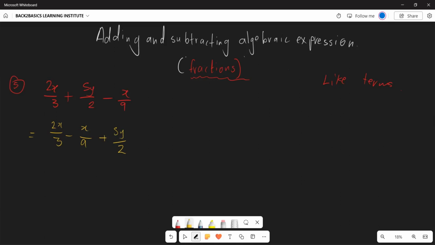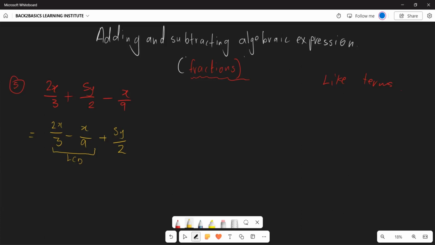And now, what is it that you are going to do from here? You can start by dealing with the like terms. Is there anything that you can do so that you find the LCD for this one, right? So now if you have the LCD for this one, what is it that you can do?